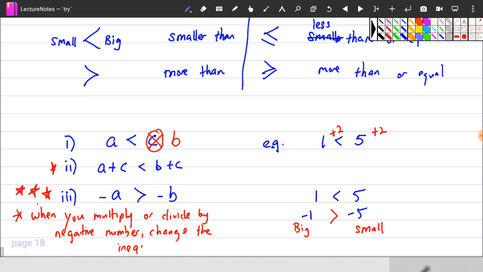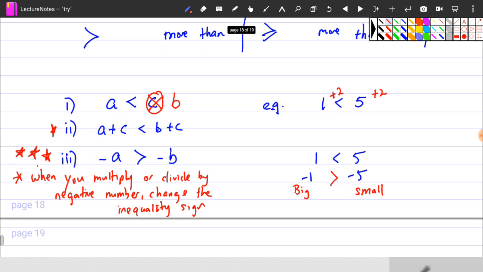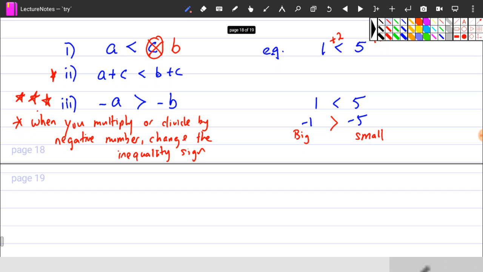Can you write that down? I know it hurts because writing is such a pain for some of you. But it's important to write it down because you need to know what to do whenever you encounter an inequality question. 3 stars because this is the number one error students will always make.